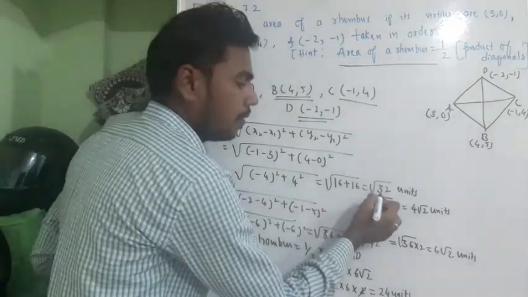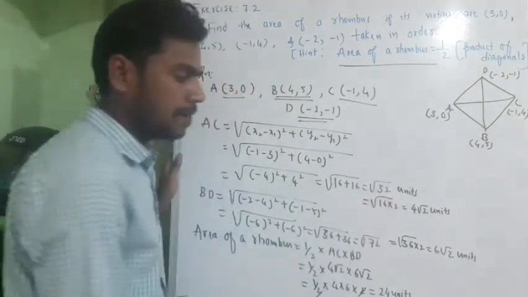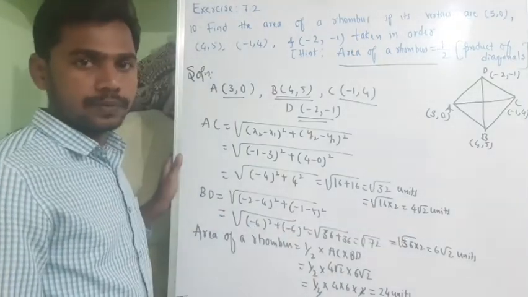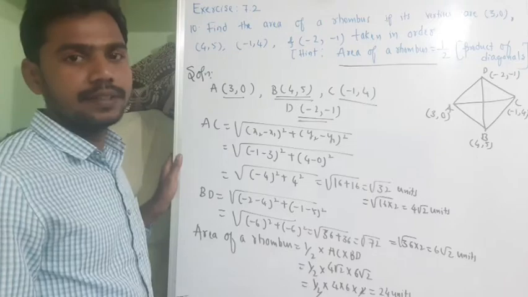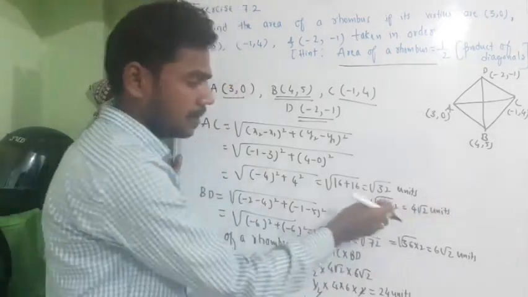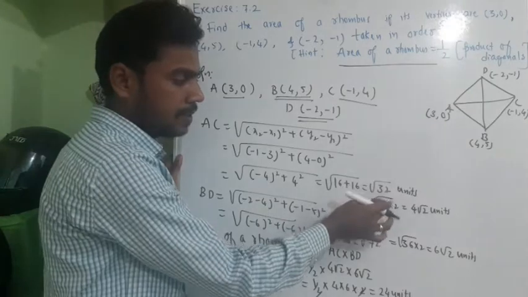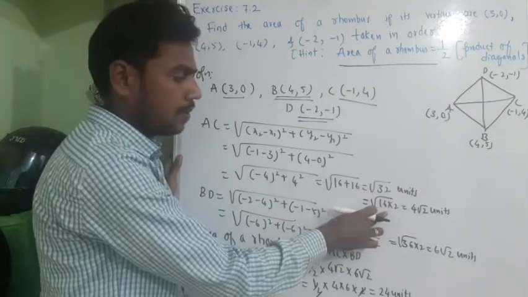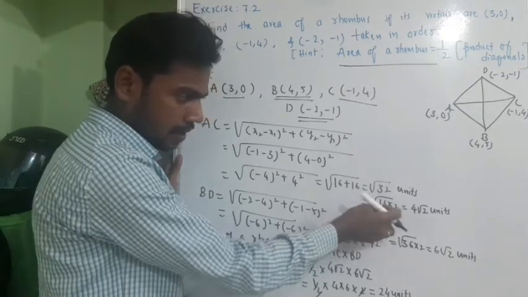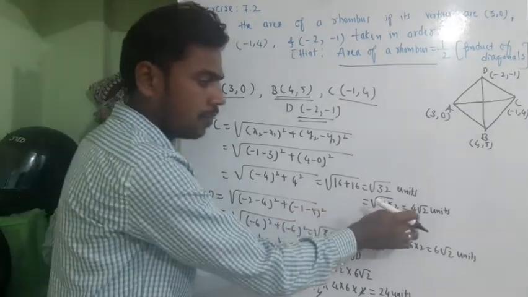And we should be careful, 32 can be written as 16 into 2. We know the squares, 4, 9, 16, 36. So I made use of that. So 32 is a 16 multiple, so I can write it as 16 into 2. If I take 16 out of the root, that will become 4.